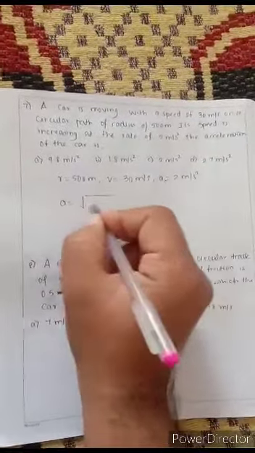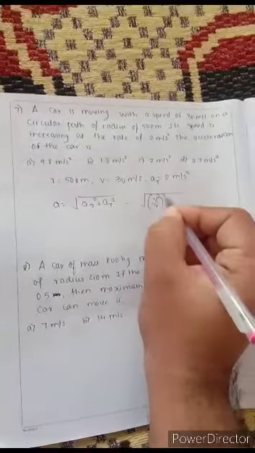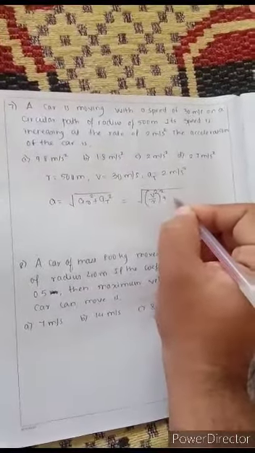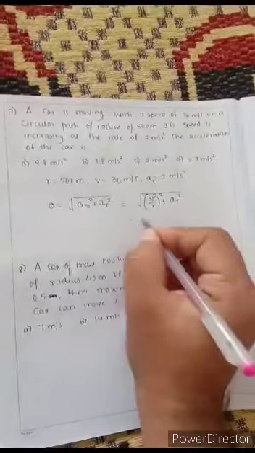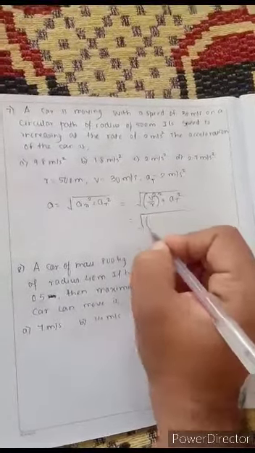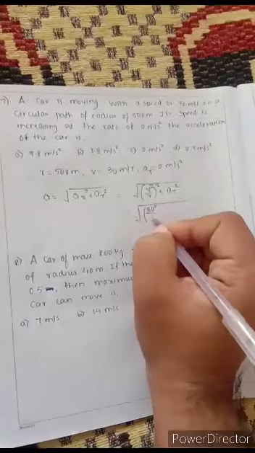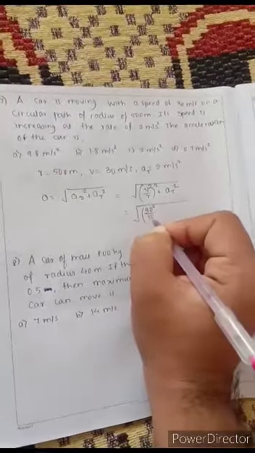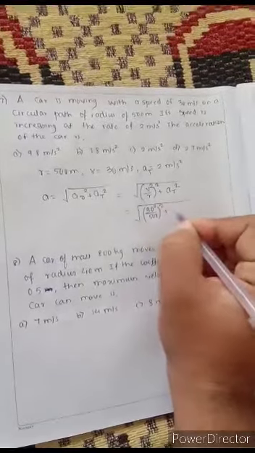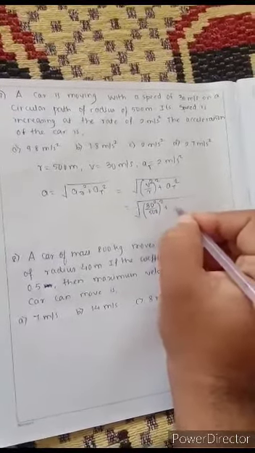Now here of course a_r square will be (v square by r) whole square, and a_t square will be of course itself. Now I will just substitute the values and leave the problem for you to calculate. So 30 square upon 500, its square, plus a_t square is 4.